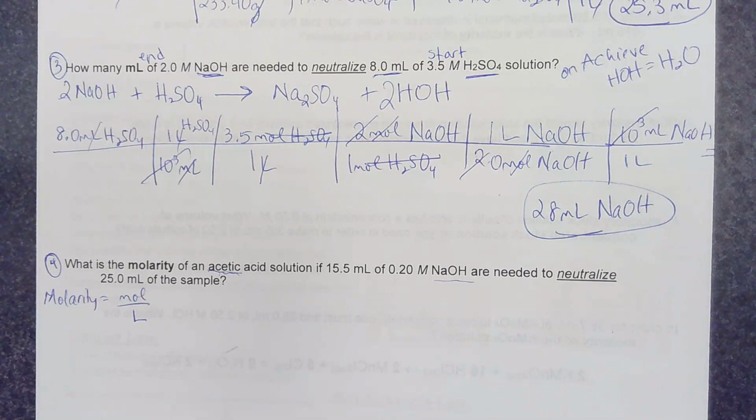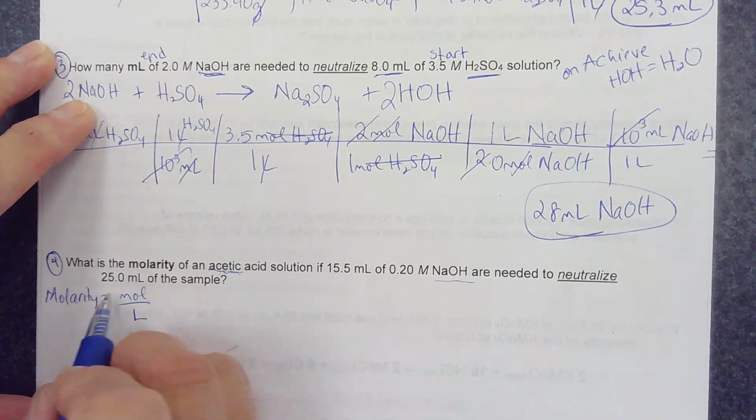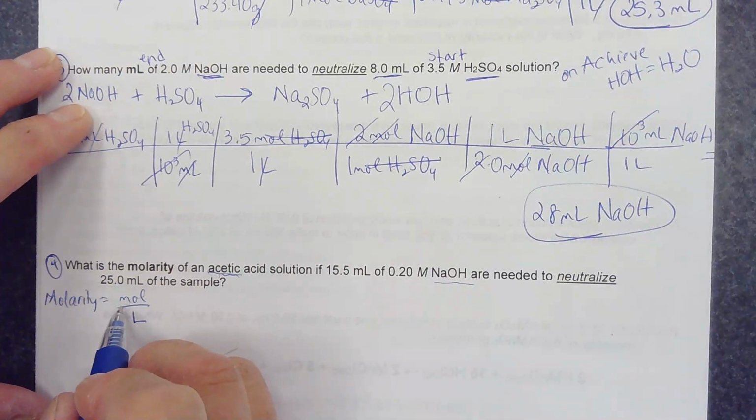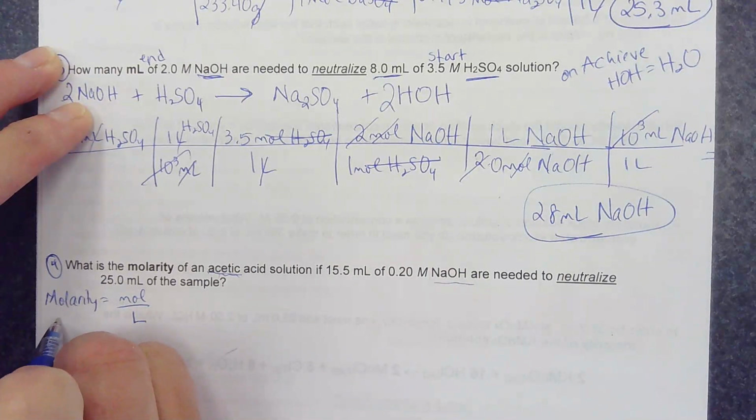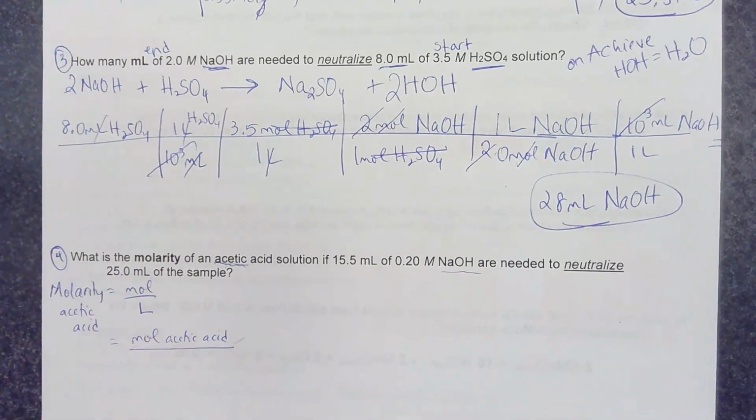Acetic acid. How much acetic acid do you have? 25 milliliters. So molarity of acetic acid is going to be moles of acetic acid over what?